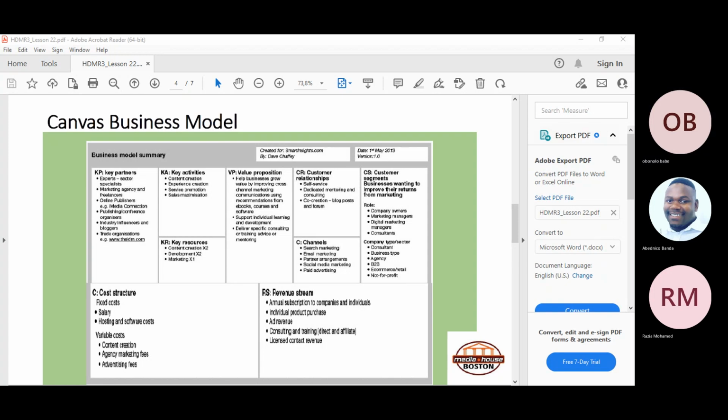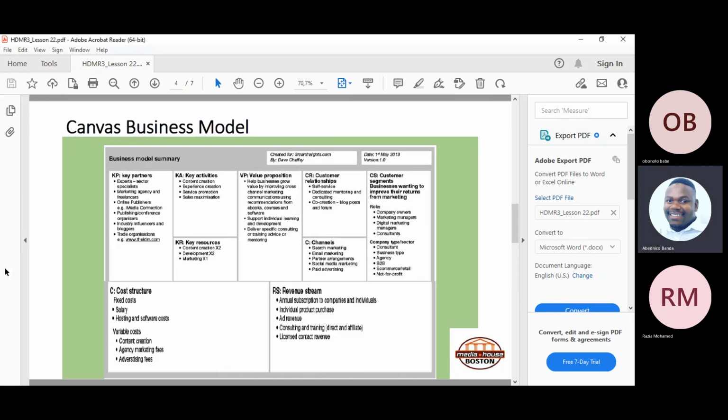Okay. What else did I not mention? Service promotion and sales maximization. Service promotions, guys, what is it that you can do there? It looks very difficult, but the moment we start engaging on it, it becomes very easy.